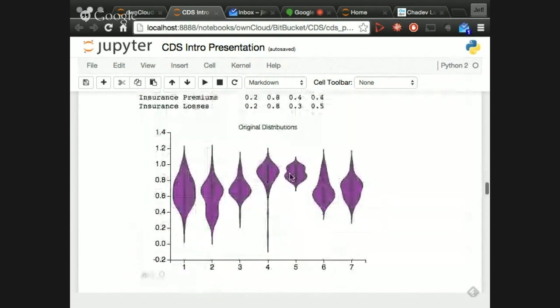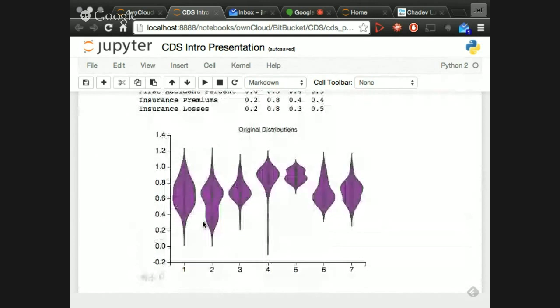Basically what this does is show us, among those 7 features that we have, what the distribution looks like. The shape of this is roughly the distribution. There's a kernel estimation that they use to build this curve, and it's not perfect, but it gives you an idea.